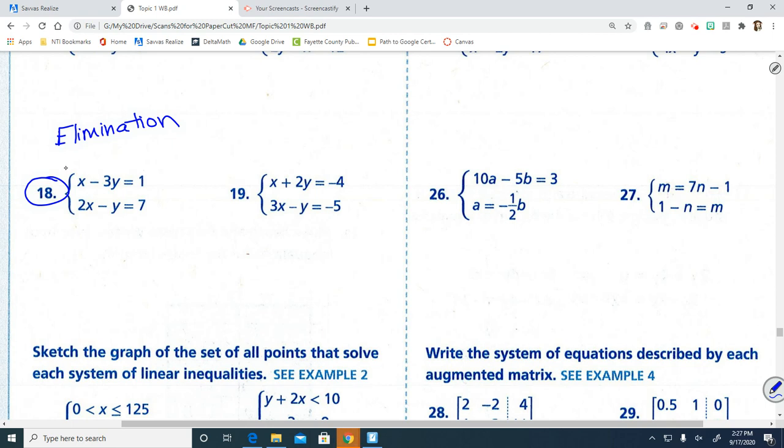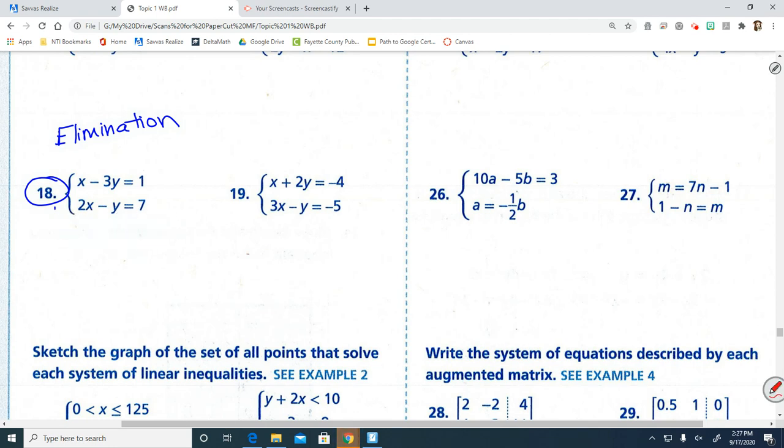So let's look at this. I need to figure out a way I can add my variables so that one of them is eliminated. Because if I add them right now, I get 3x minus 4y equals 8, and I did not eliminate anything. I still have an x and y. So I don't want to do that yet.